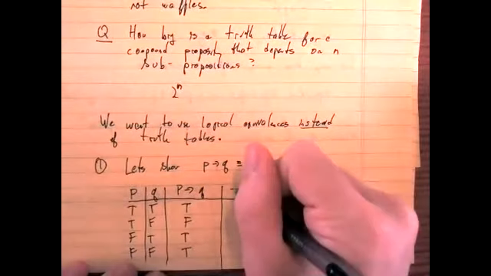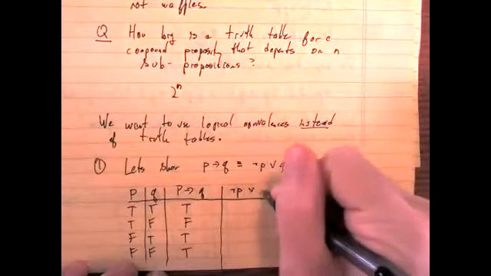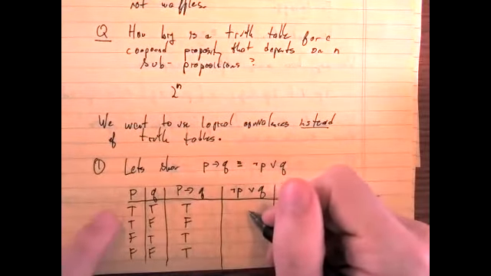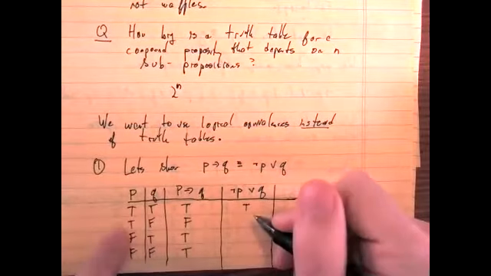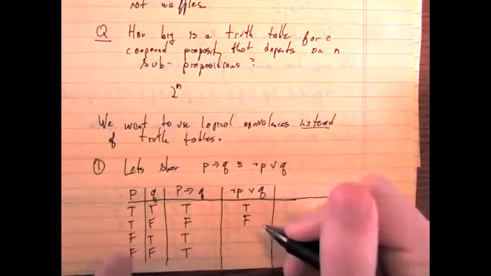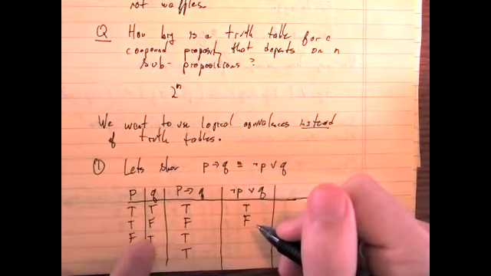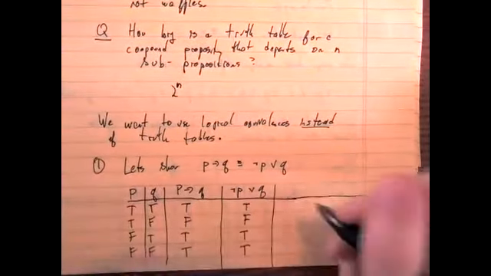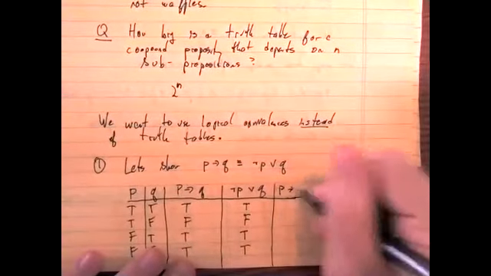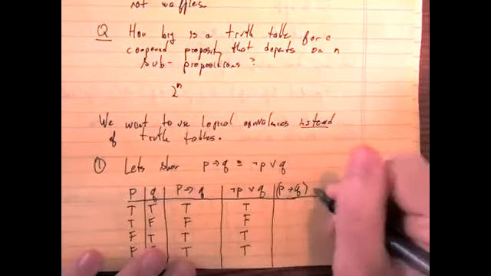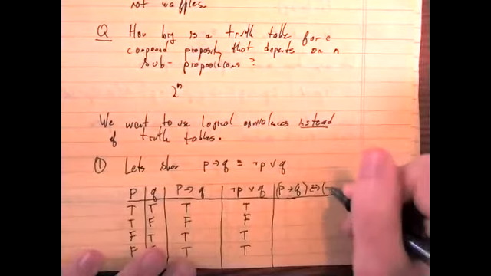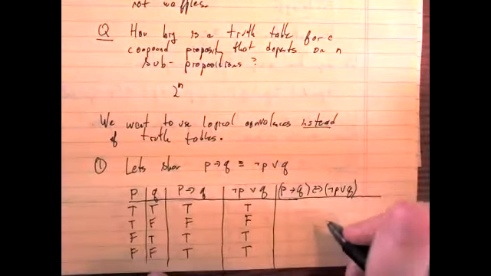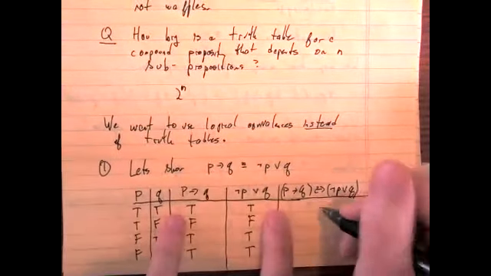And then not P or Q will have the truth values, well, false or true is true, false or false is false, false or true is true, and true or false is true. And then P implies Q if and only if not P or Q has truth values, well, you just compare these.